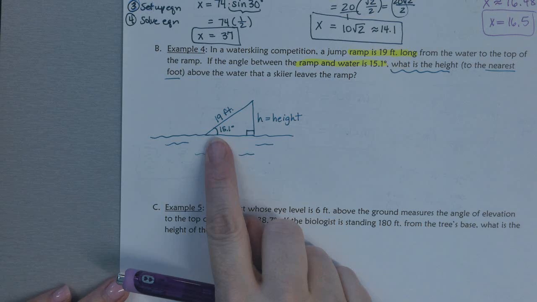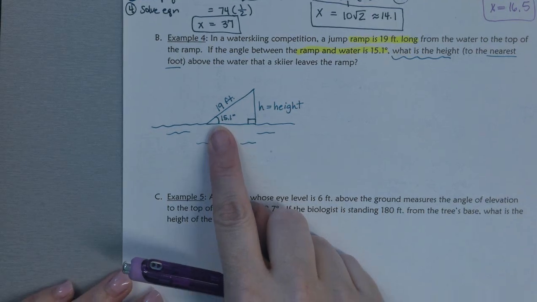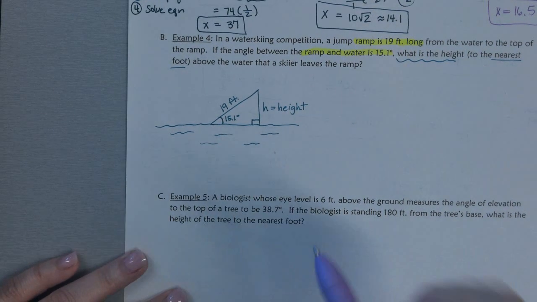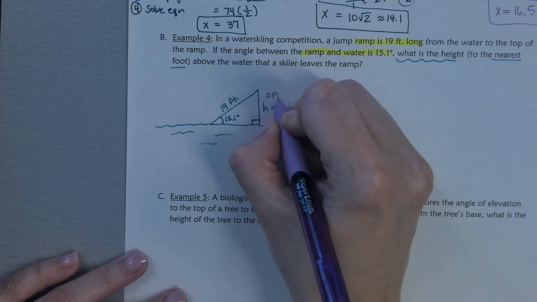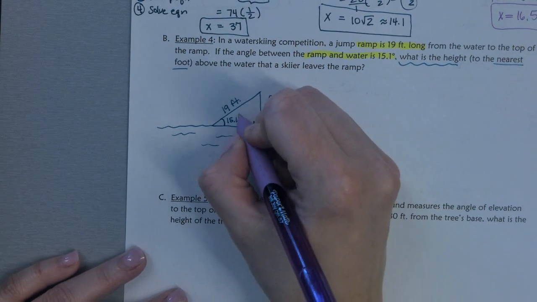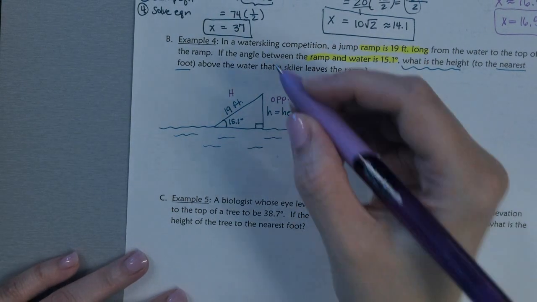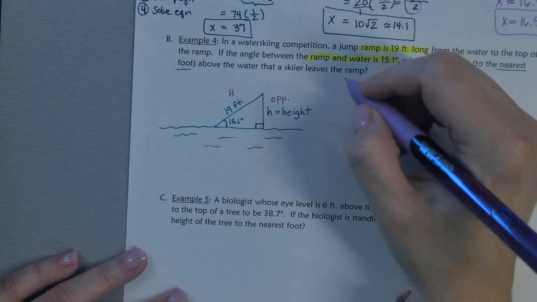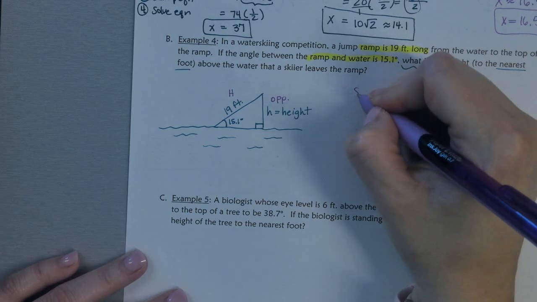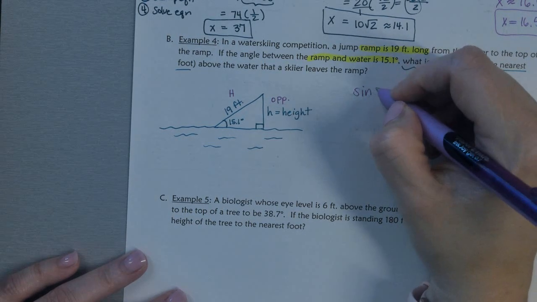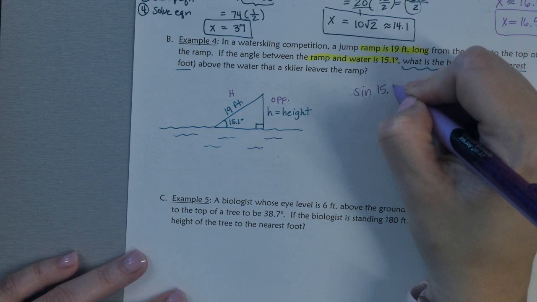And then we're going to do this the same way that we did part C above. So this is going to be the opposite side from my angle. This is going to be the hypotenuse because it's across from the right angle. So the opposite and the hypotenuse is the sine function. That's how I decide whether I'm using my sine, my cosine, or my tangent.